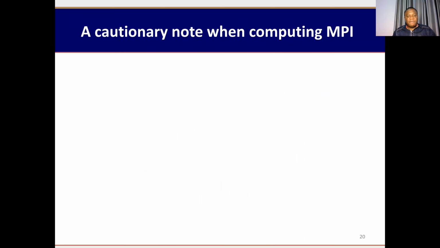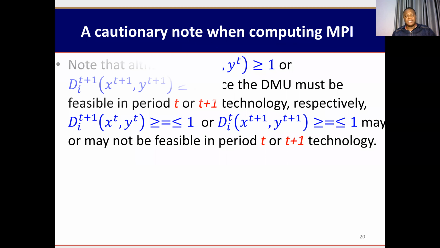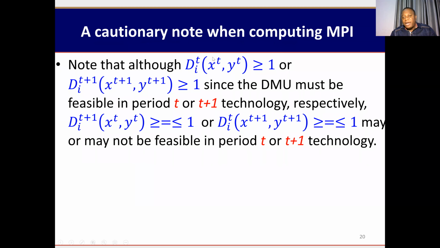Now, let me just give a bit of cautionary note when you are estimating the Malmquist. It's something we've already mentioned. Even though their own period, and when I say their own period, I'm talking about the ones with the T, T, T or the ones with the T+1, T+1, T+1, and in an output orientation, please note, distance function, not efficiency scores, but this time distance function.